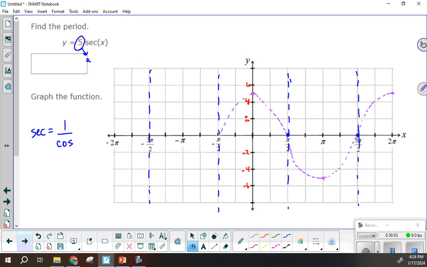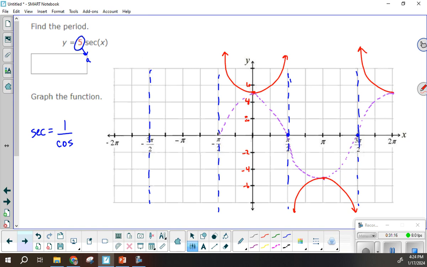Then if I draw my secant, again, it starts at the top of the hump or the wave, and then it goes up both directions, starts at the bottom, goes down, and so forth. That is secant, inverse of cosine.